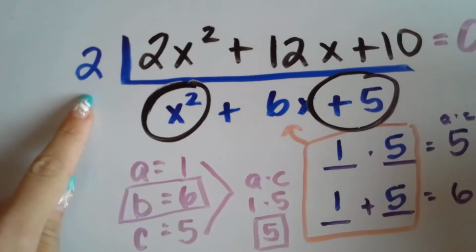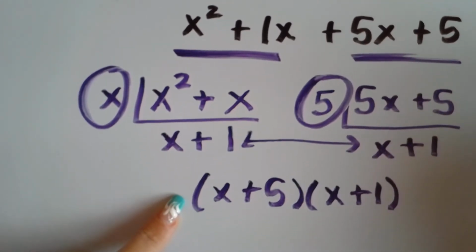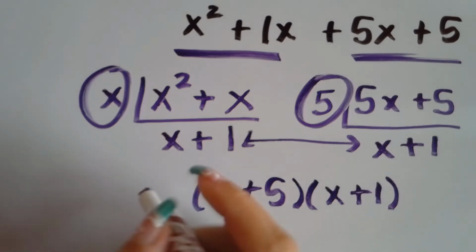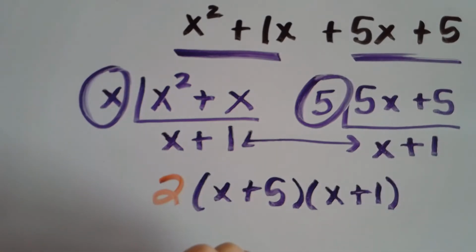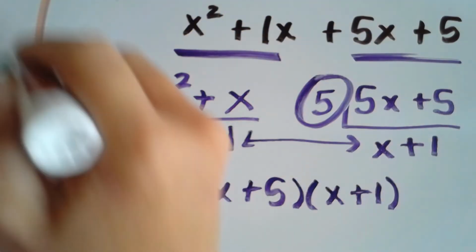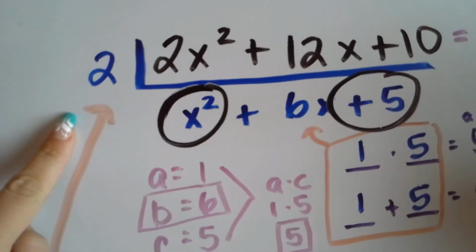Our GCF is a 2. So we're going to have to pull that and put that 2 right here. I'm going to write it in this color so you know that was our GCF from way up here. This 2 came from this.